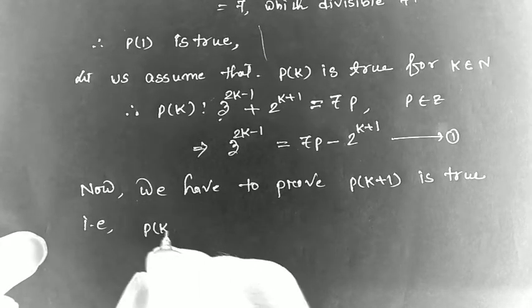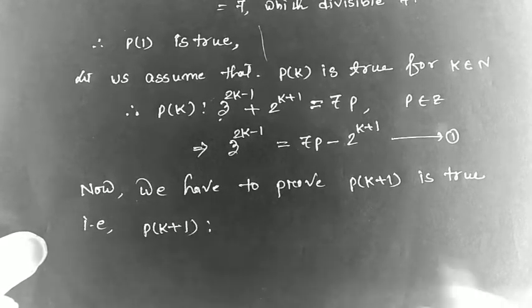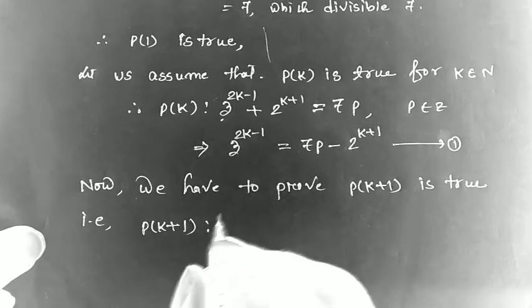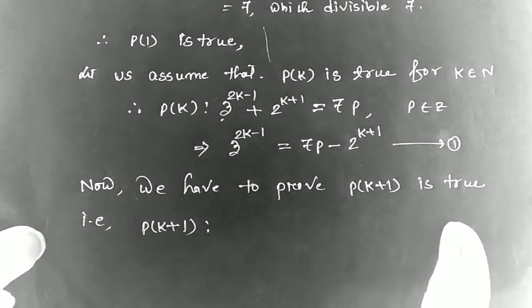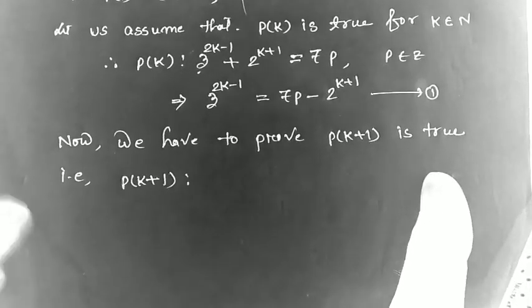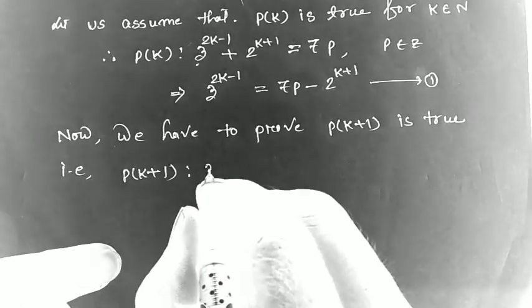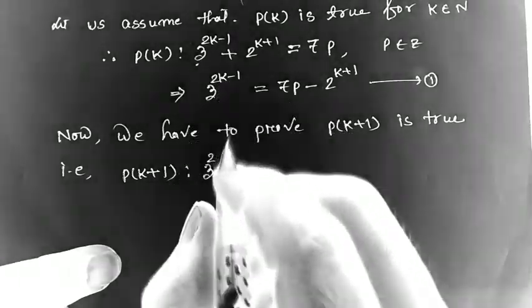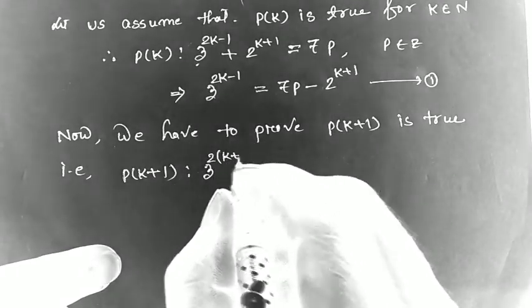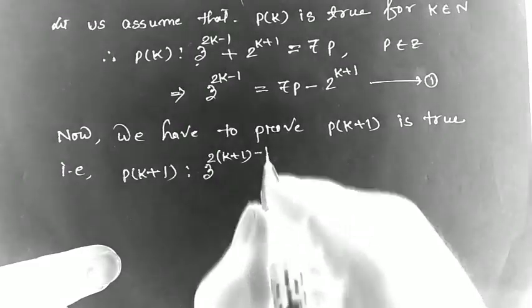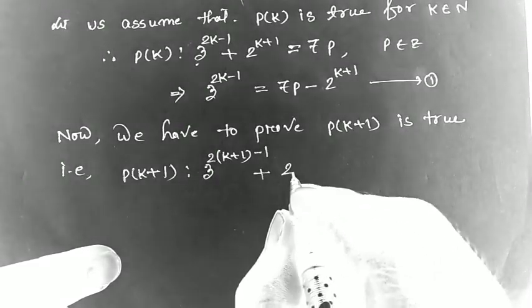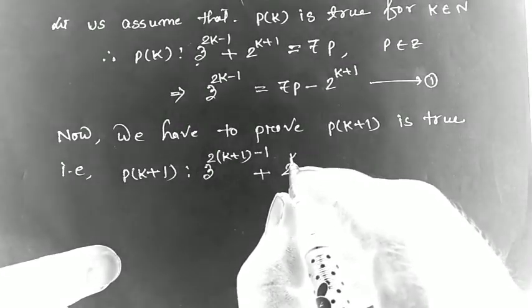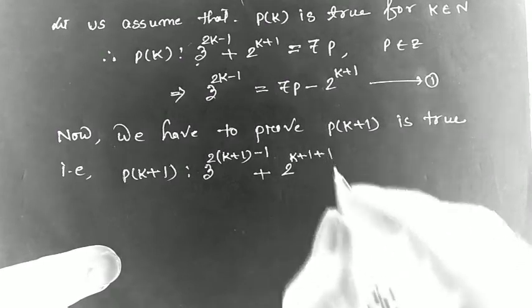Pk plus 1 means what? If we put k plus 1, it will be like that: just k will be replaced by k plus 1, that means 3 to the power 2 into k plus 1 minus 1 plus 2 to the power k plus 1 plus 1.